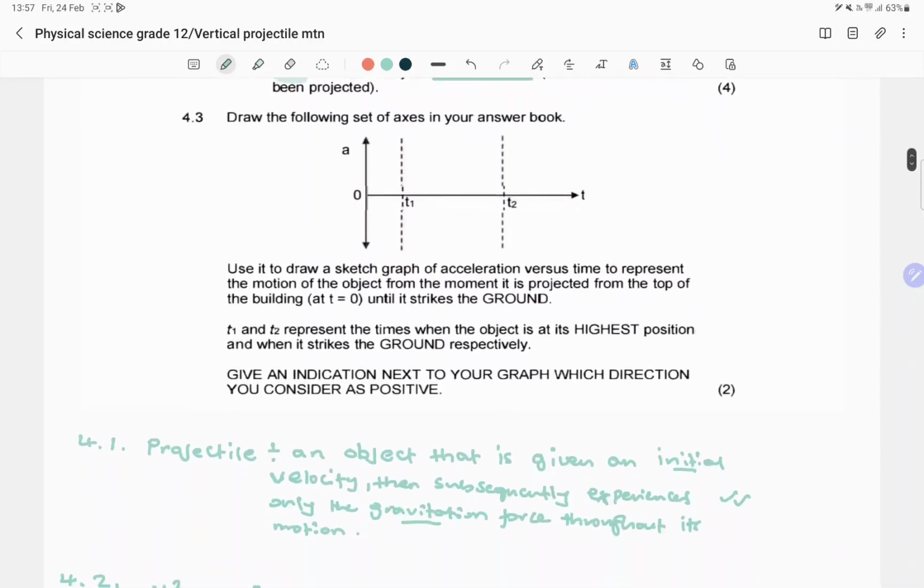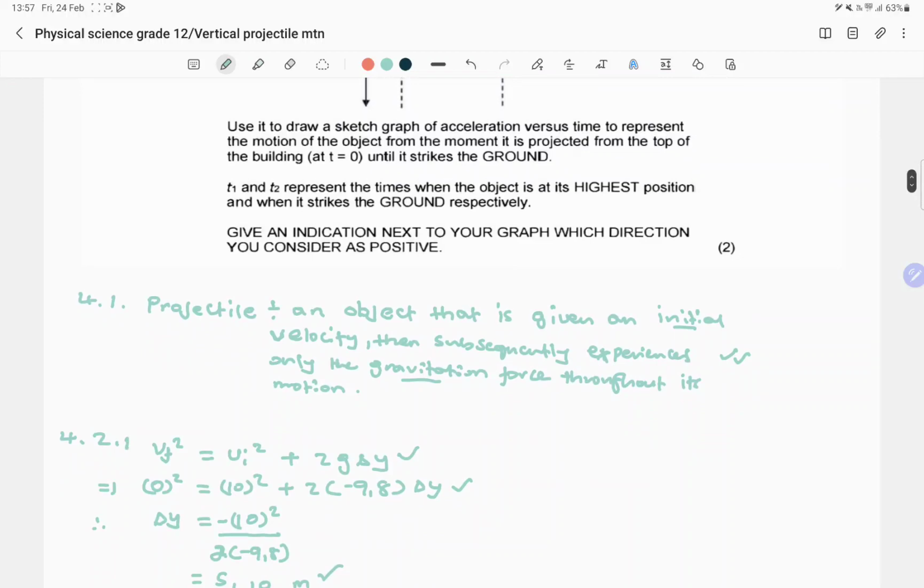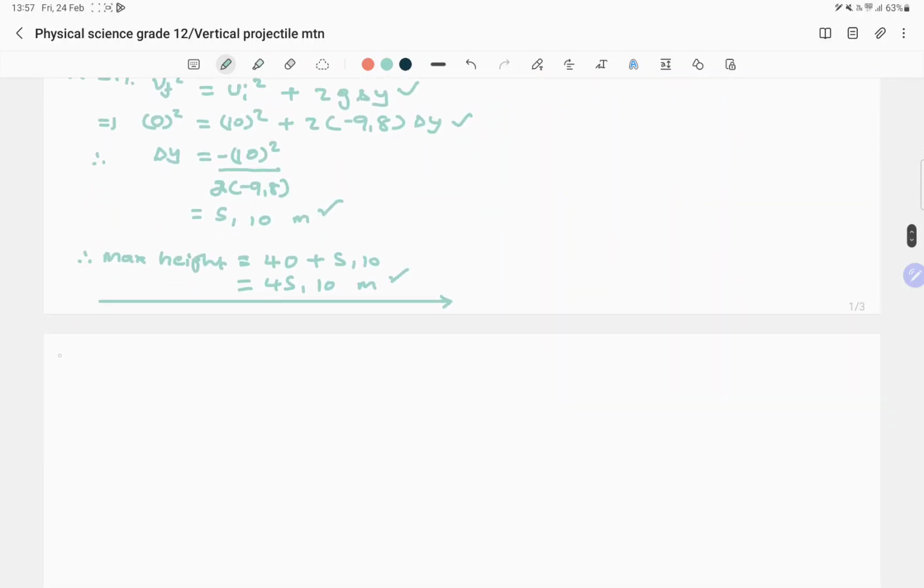This is 4.2.1. Okay, so we've got 4.2.2. Well, we can use this formula. Delta y is equal to the initial velocity times delta t plus half g delta t squared, isn't it? Because we just want to use this.